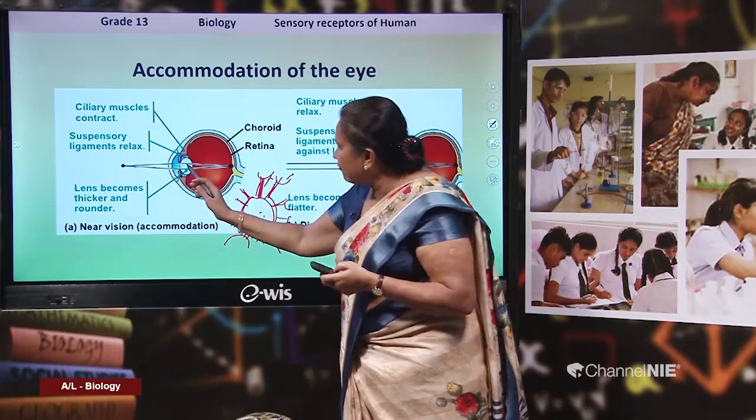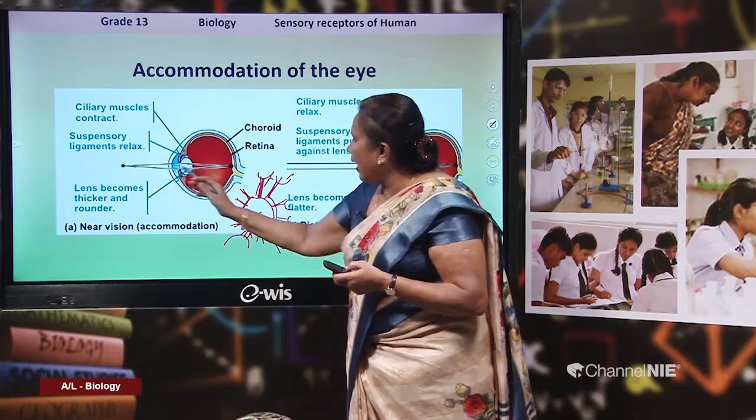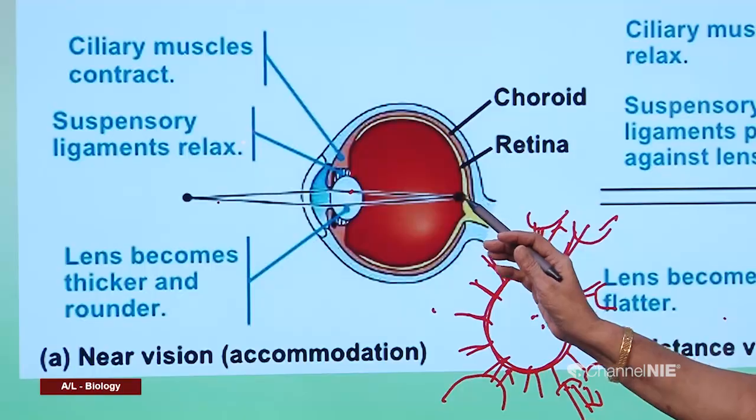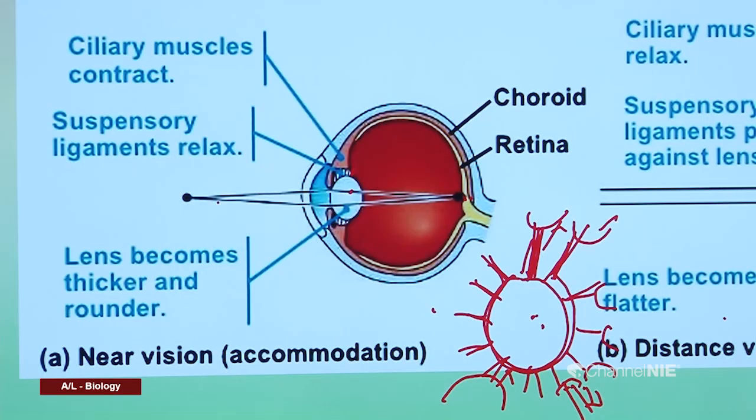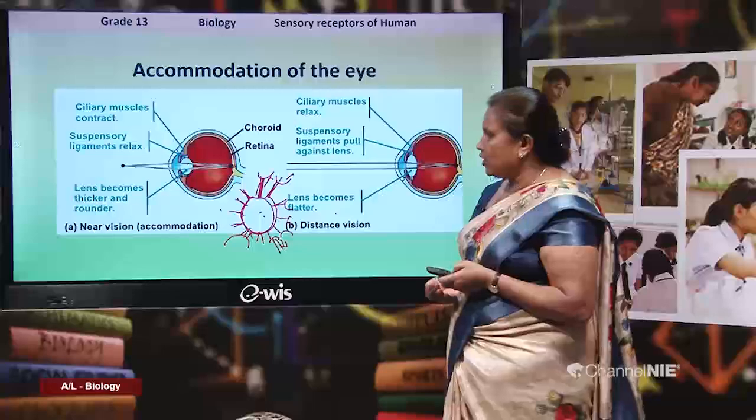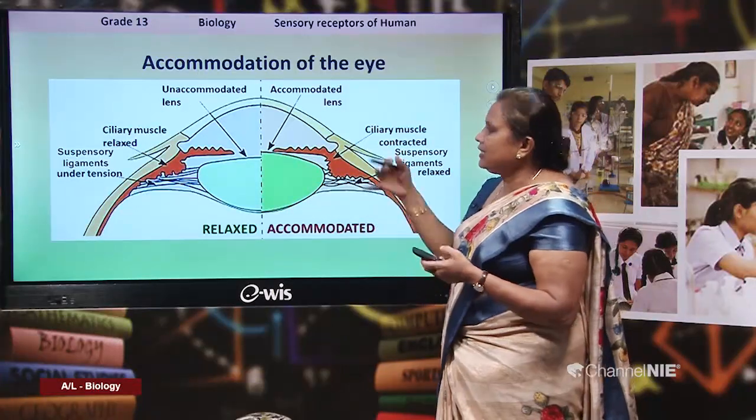Light rays refract more, allowing the focusing of the light on the retina. So these are very important for you to understand near vision and distance vision. So this is explained here.